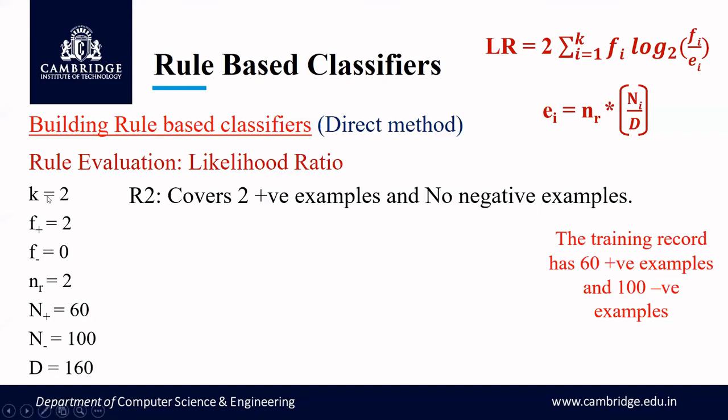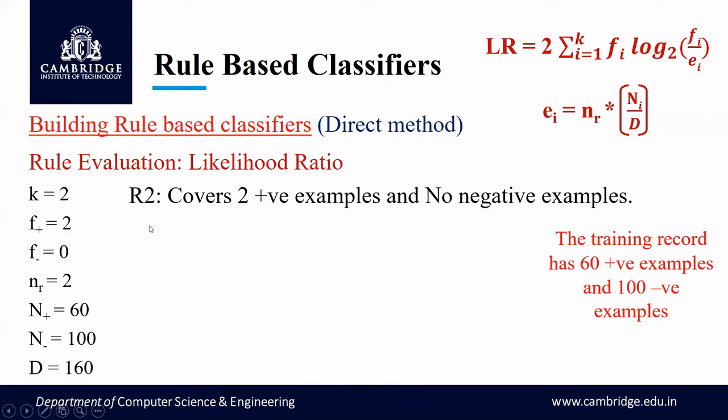Okay, so let me just repeat these values. How did I get them? K is 2, because you have two classes, positive class and negative class. F plus is 2, because F is with respect to the rule: how many positive examples are covered by the rule? It is 2 positive examples, so F plus will be 2.